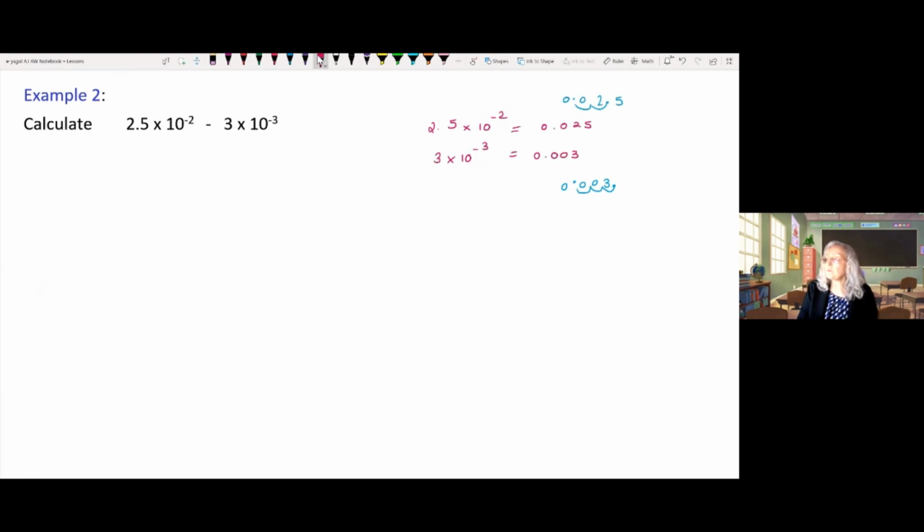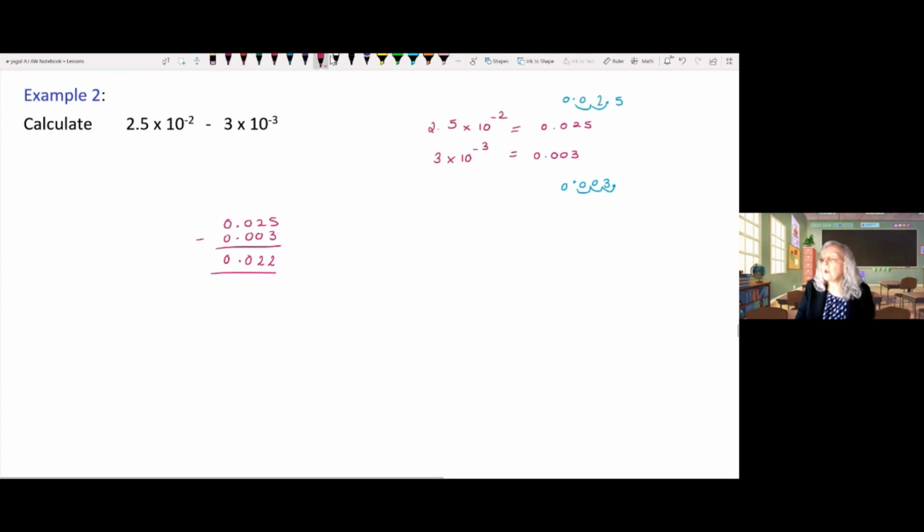So I'm subtracting. I've got 0.025 subtract 0.003, and now you can see when you line them up that 5 subtract 3, that's a 2. So I have got 0.022. Now to write that back into standard form, it is going to be 2.2.